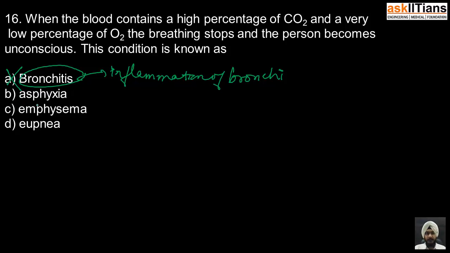Next one is asphyxia. Asphyxia is basically the condition where there is decreased oxygen delivery, or a very low percentage of oxygen in the blood, due to which there is abnormal breathing.